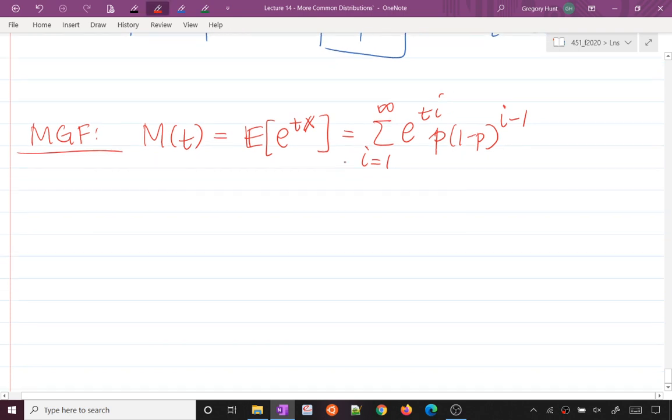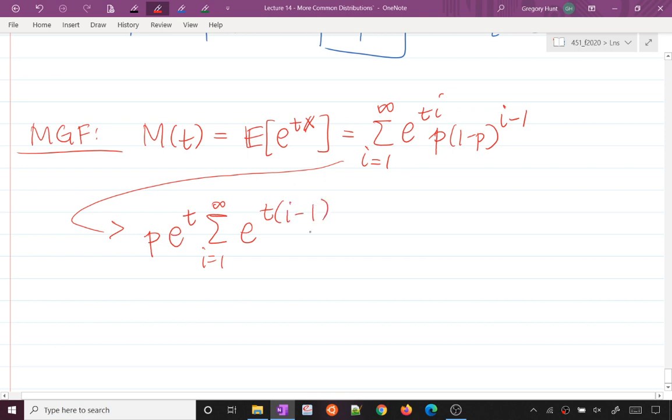Okay. Let's factor some things out of the sum. First of all, this p doesn't depend on i. Let's factor it out. And I'm going to factor out one of these e to the t's. It's going to be obvious why I want to do that in a second. That will leave me with i minus 1 e to the t's. And then, whoops, I factored out that p. I'll be left with a 1 minus p to the i minus 1.